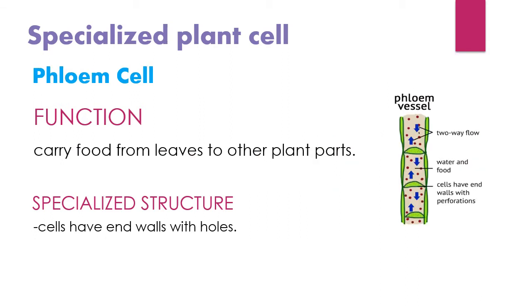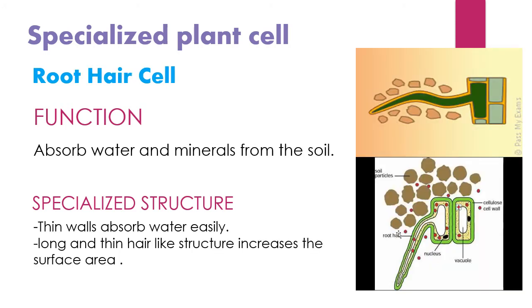Second cell for today is phloem cell. It carries food from the leaves to other plant parts. Its structure: cells have end walls with holes. End walls with holes, as you can see here. We have end walls between each cell. Root hair cell.